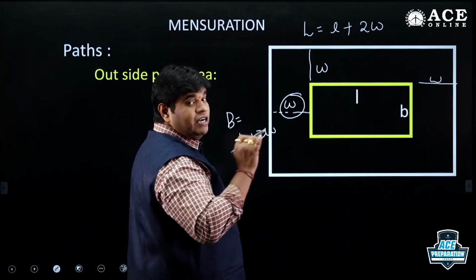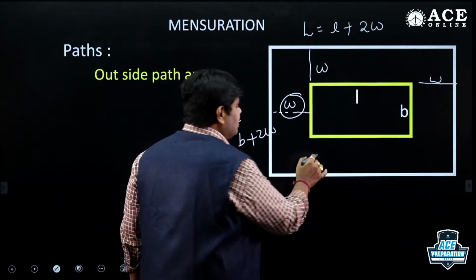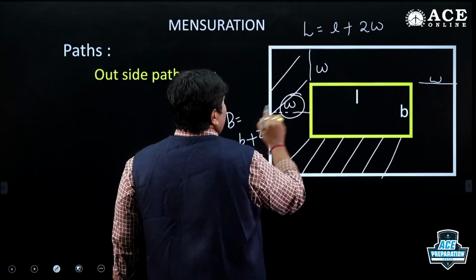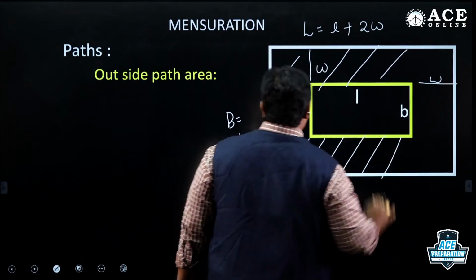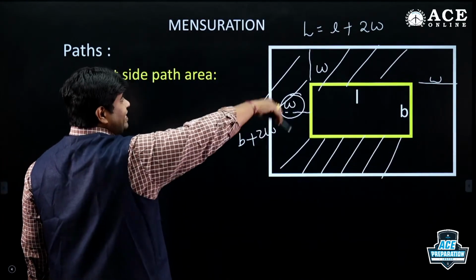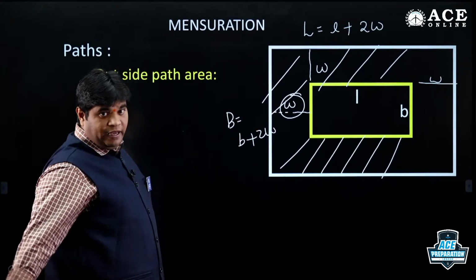I want the outside path area, this area. Simply, the answer, friends: outer rectangle area minus inner rectangle area.